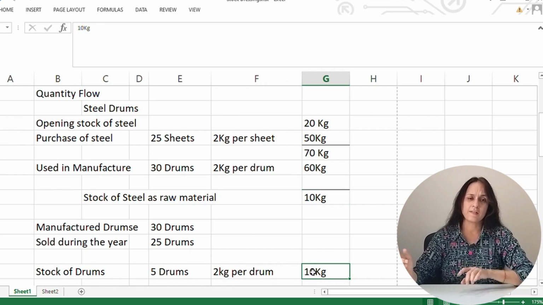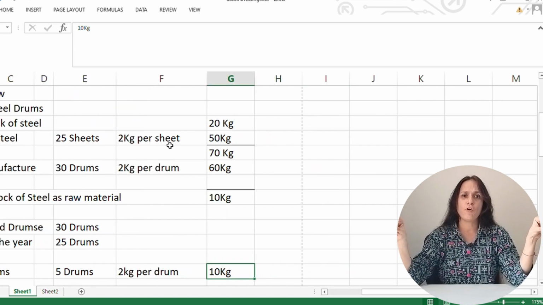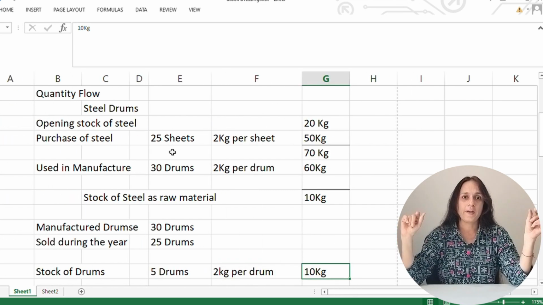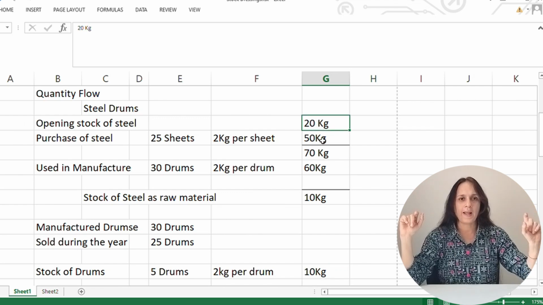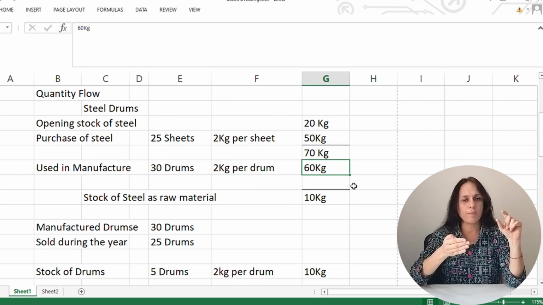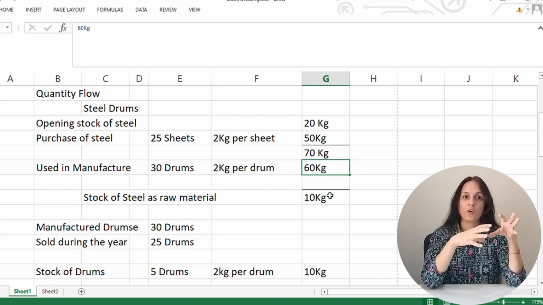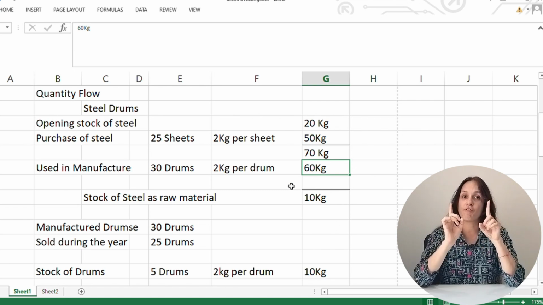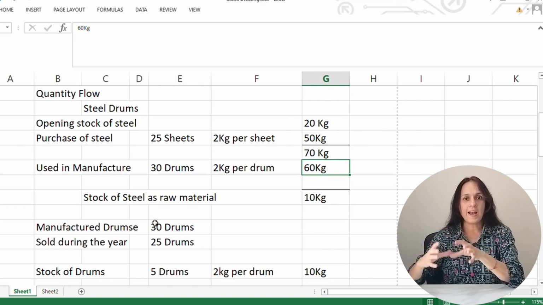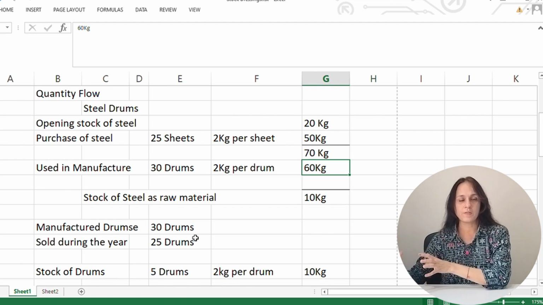In such a case, it becomes very easy for me to track what was my opening, what I've purchased, how much I've used for manufacturing. Out of my total 70 kgs, 10 kgs of raw material remains, and 30 drums means 60 kgs of steel.